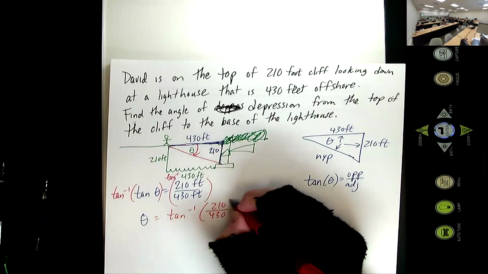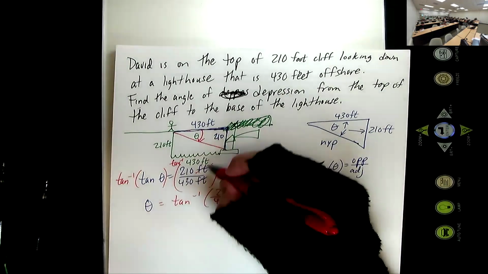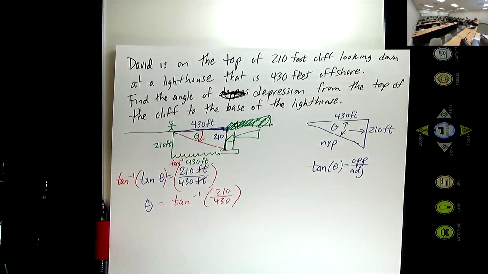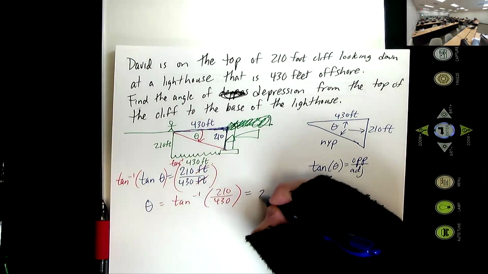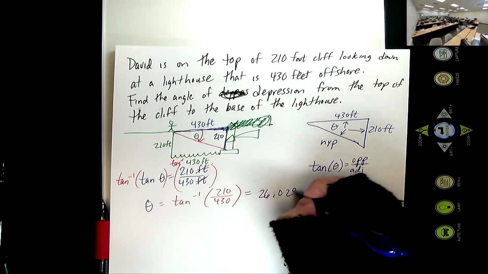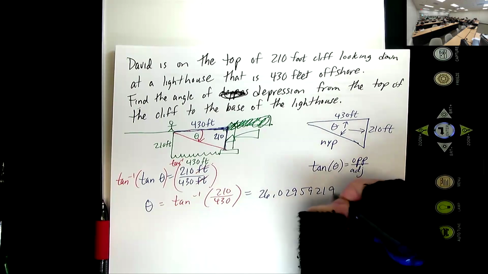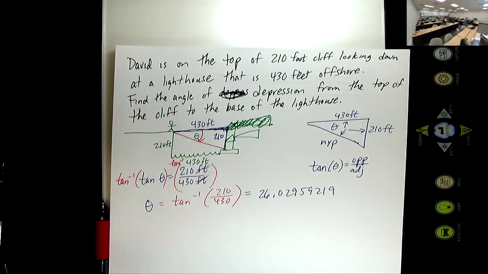And I deliberately didn't write phi here because they cancel out. Tangent inverse of 210 divided by 430. That's what my calculator says.